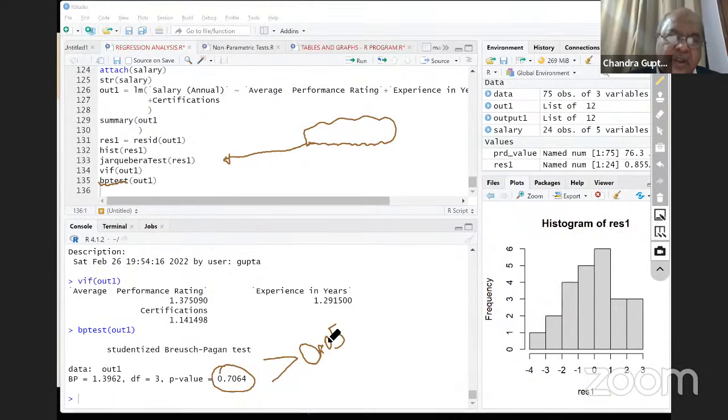Rejection of it means it is not homoscedastic, it is heteroscedastic. Since I'm not rejecting, I'm accepting the null hypothesis. That means the error term is following homoscedastic behavior. That's how we interpret this. Ganga, Sushil, is that clear? Okay. Any other question?